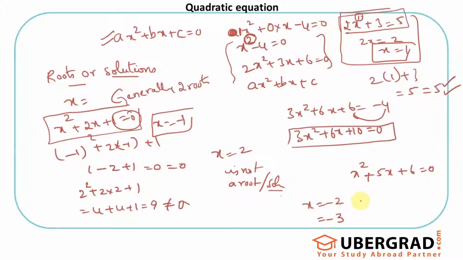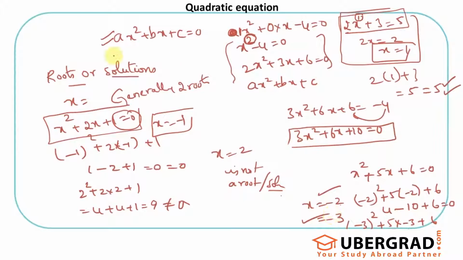So if I substitute minus 2 here, minus 2 square plus 5 into minus 2 plus 6: minus 2 square is 4, 5 into minus 2 is minus 10, plus 6, 4 plus 6 is 10, minus 10 is 0. So this is correct. Let me check minus 3. Minus 3 square plus 5 into minus 3 plus 6. Minus 3 square is 9, 5 threes are minus 15, minus 15 plus 6. 9 plus 6 is 15, minus 15 is 0. That is also a correct root.